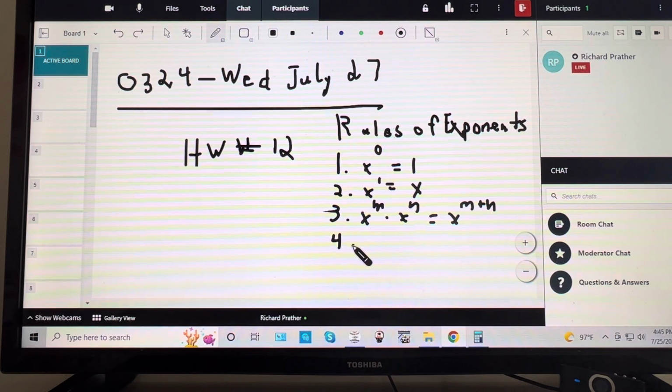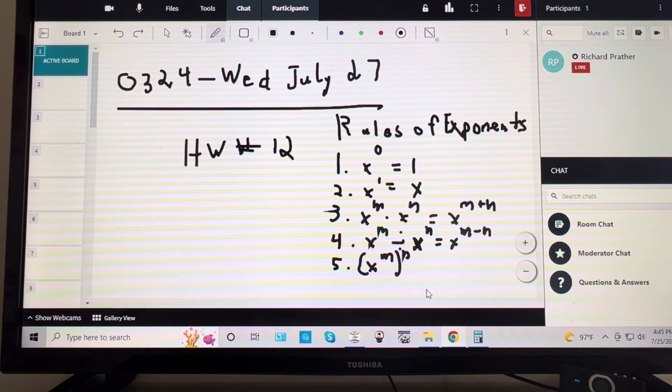If you're dividing powers, x to the m divided by x to the n, if you get rule 3 right, then rule 4 makes sense. Then you do x to the m minus n. And then there's 2 left. If you do x to the m, and then that's raised to its own exponent like n, this is one base with a double exponent.